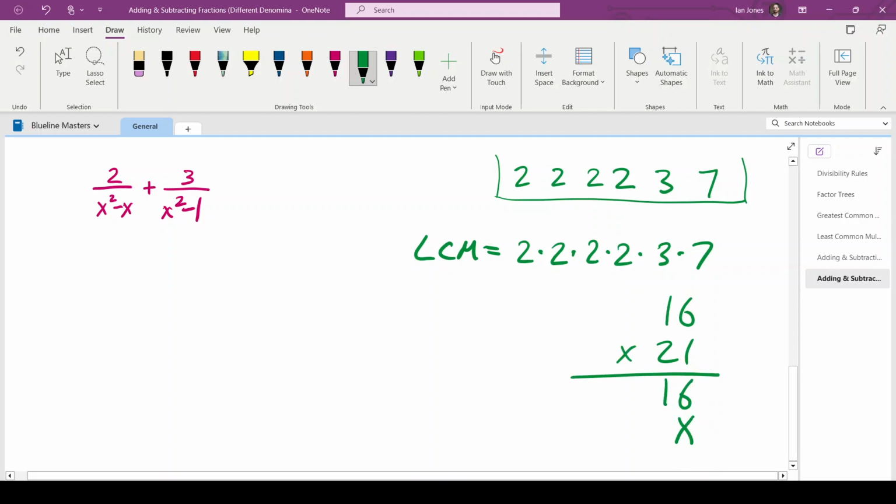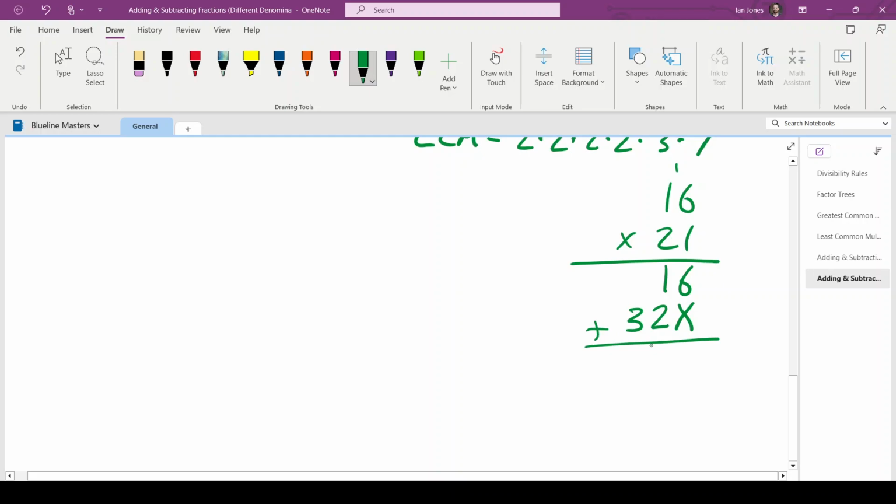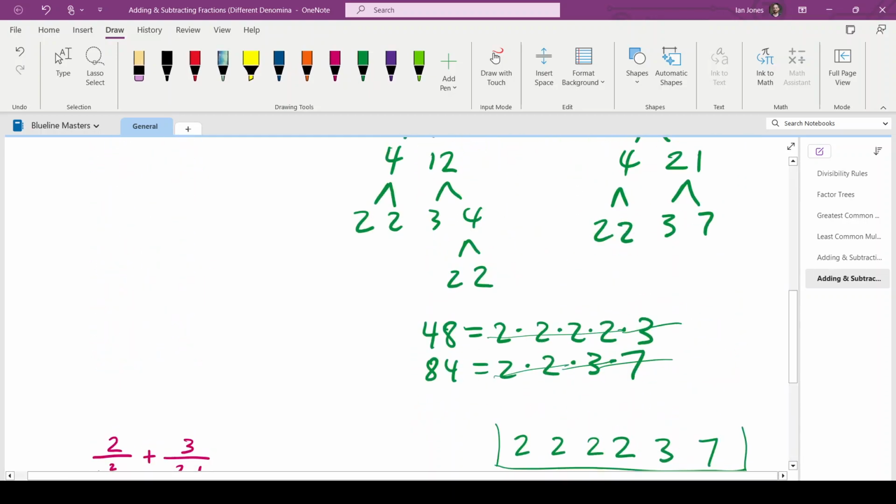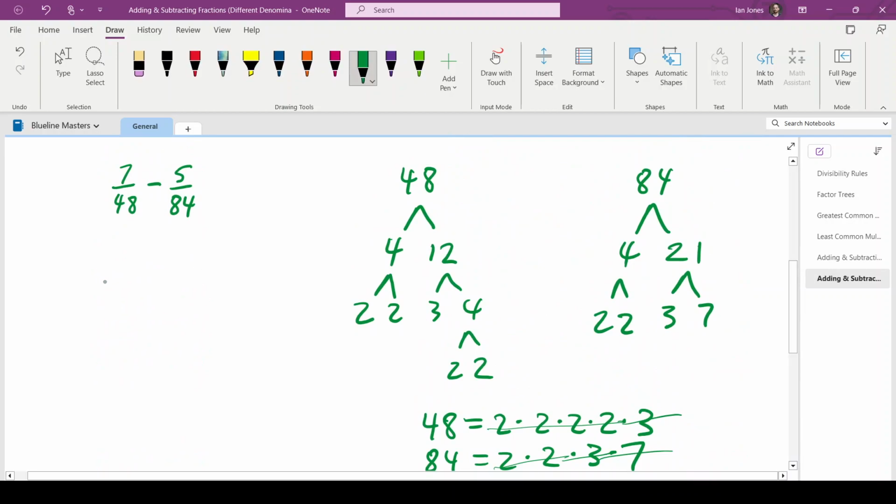I put an X instead of a 0. You could put a 0 there just to show that I'm going over one place. 2 times 6 is 12. Put the 2, carry the 1. 2 times 1 is 2, plus 1 is 3. Then we add. I get 336. So that tells me that my LCM is 336, and in fact, that is going to be my denominator.